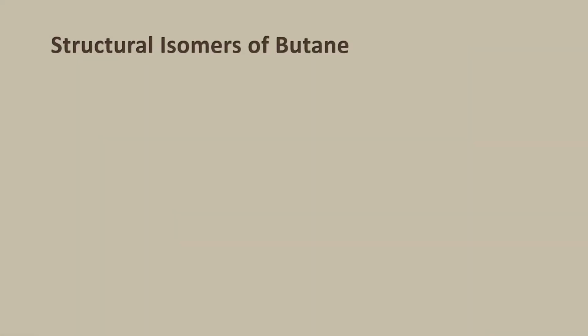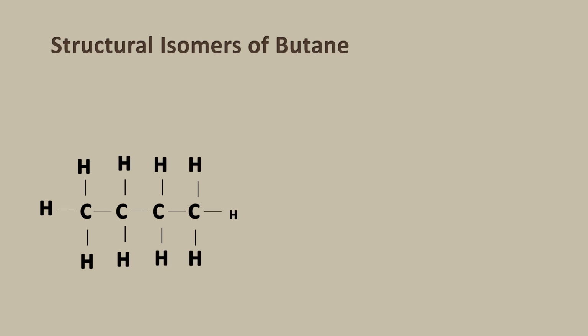In one of the structures, write the 4 carbon atoms in the straight chain and see that each carbon atom is attached to 4 bonds and fill the remaining valencies with hydrogen, giving the complete structural formula.